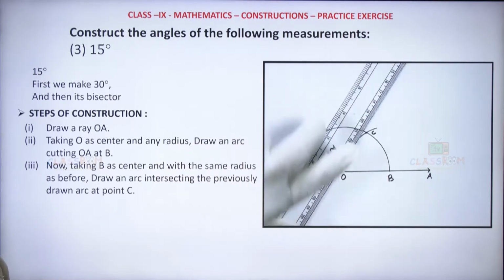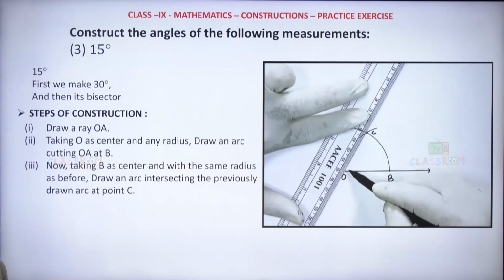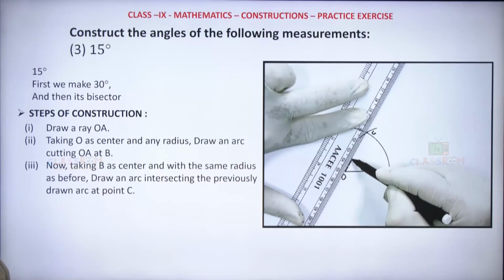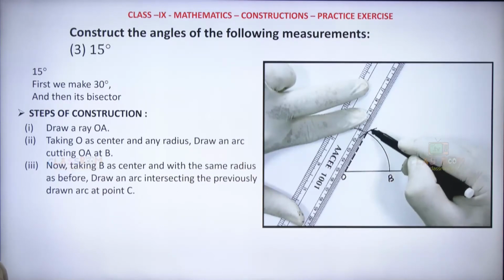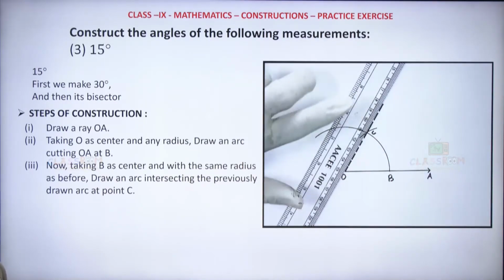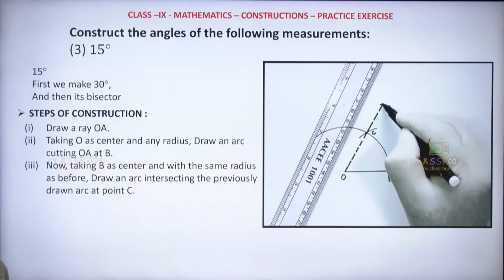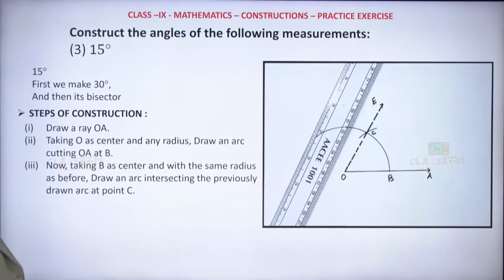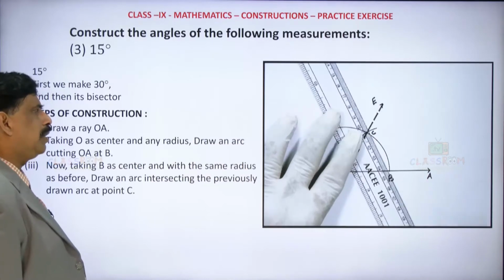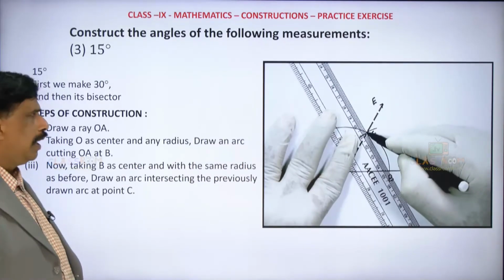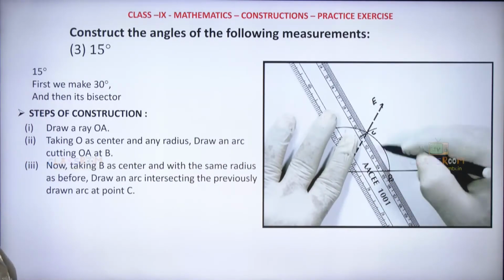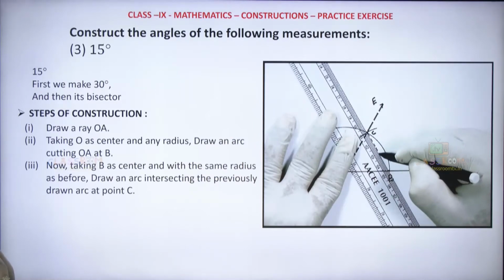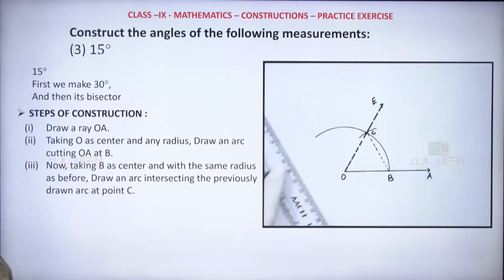Now again, join a ray through E. Clear? So angle AOC 60 now. Angle AOE is 60.